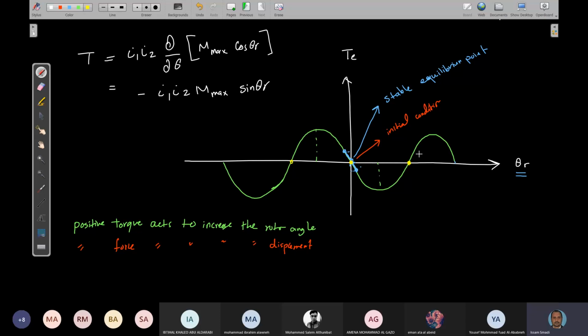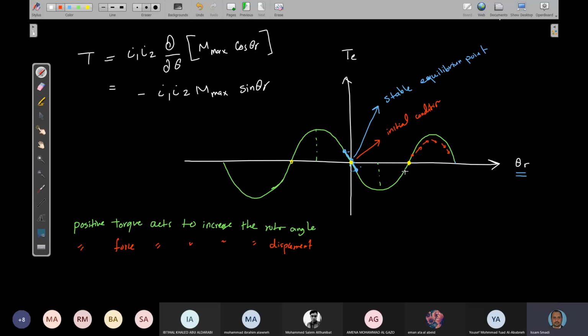Let's assume that for any reason I'm here. Now, here the torque is positive or negative? Positive. So according to the definition, the positive torque acts to increase the rotor angle, correct?